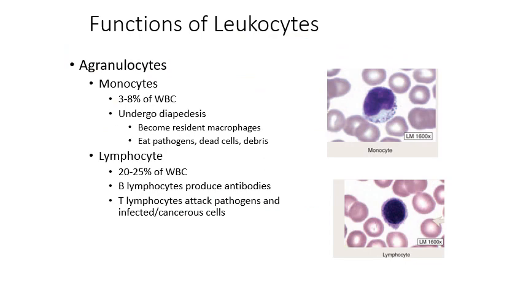All right, so then we get the agranulocytes. About 3 to 8% of the white blood cells are monocytes. These are phagocytic. They can become macrophages, which are phagocytic cells in the tissue.